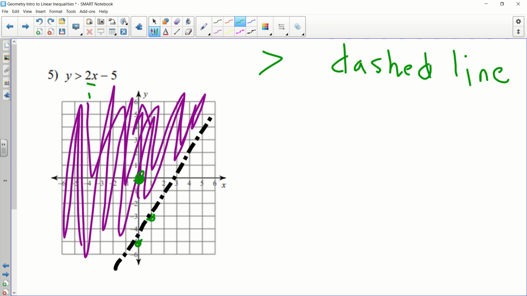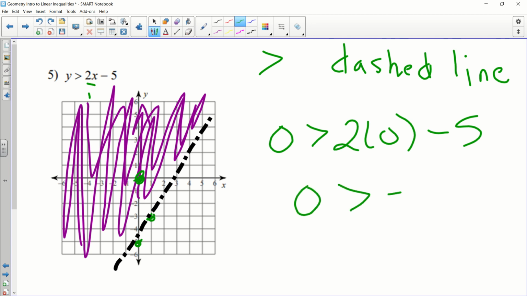As long as your line doesn't go through 0, 0, it's a great point to check. So 0 is greater than 2 times 0 minus 5. 2 times 0 is 0. 0 minus 5 is negative 5. 0 is greater than negative 5, so that is a solution and should be in my shaded area. Looking at my graph, 0, 0 is in the purple shaded area. It means I have shaded in the correct direction.